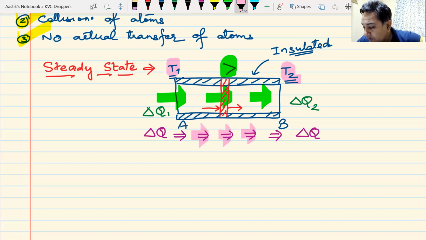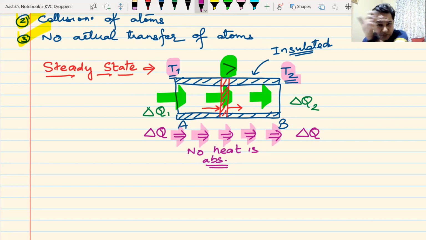Whatever heat leaves section A after some time, if the process continues, the same heat will be reaching point B. That means no heat is absorbed in the intervening sections.